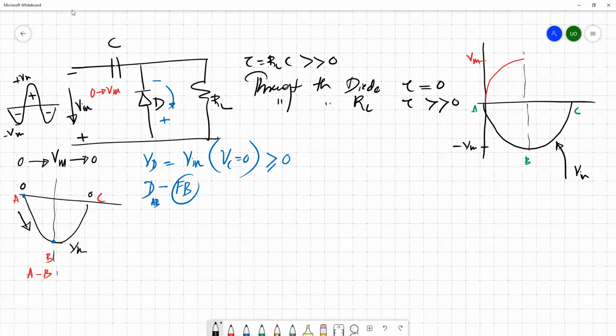So gradually the capacitor voltage reaches its maximum, which is Vm. So the input we can simply claim is Vm sine omega t.